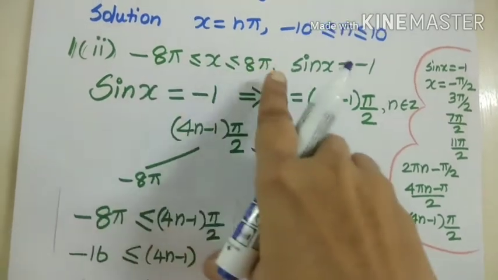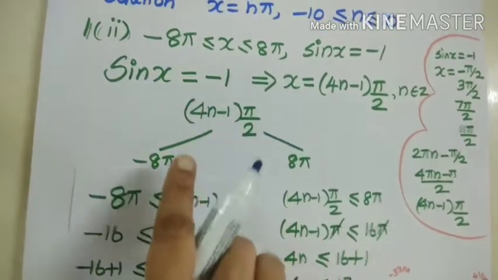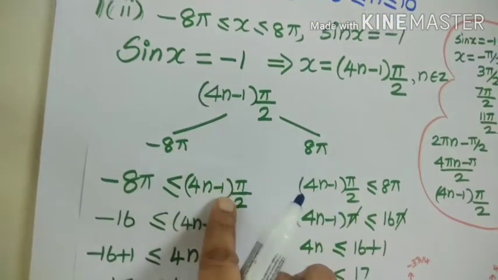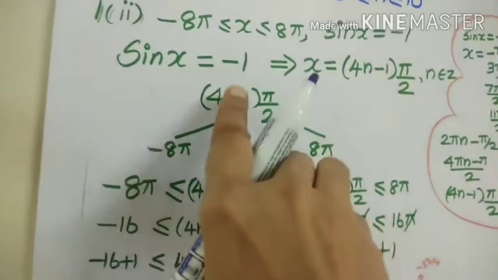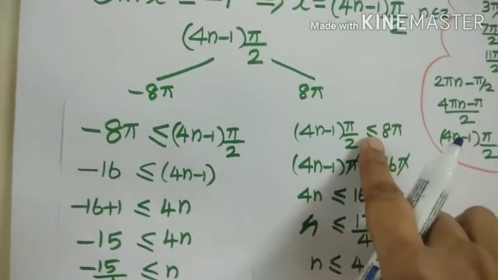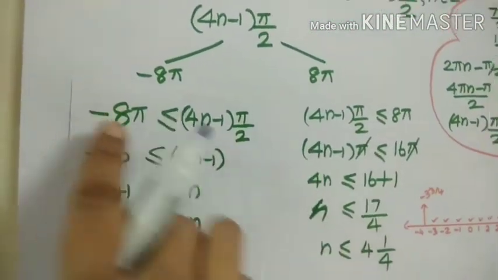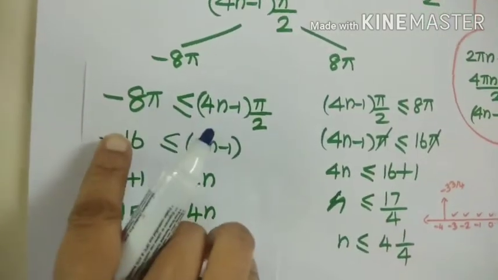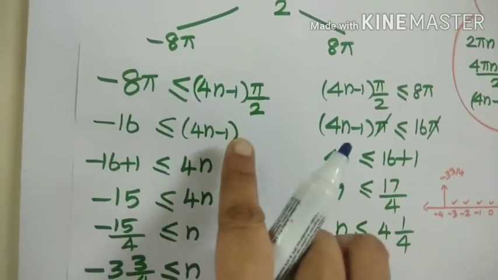Minus 8 pi to plus 8 pi. So put minus 8 pi less than or equal to 4n minus 1 pi by 2, and 4n minus 1 pi by 2 less than or equal to 8 pi. Here I cross multiply, minus 16 pi, I can cancel. Minus 16 less than or equal to 4n minus 1.